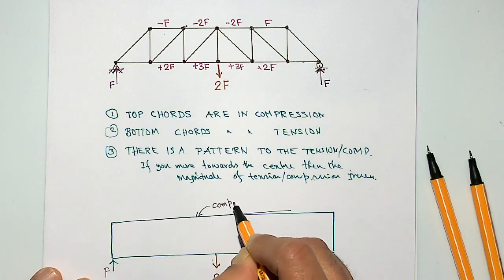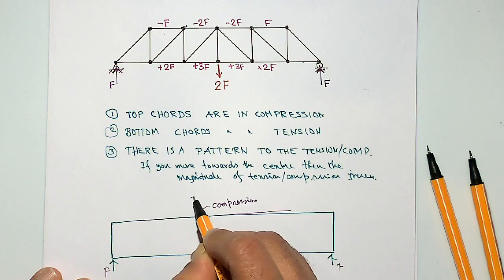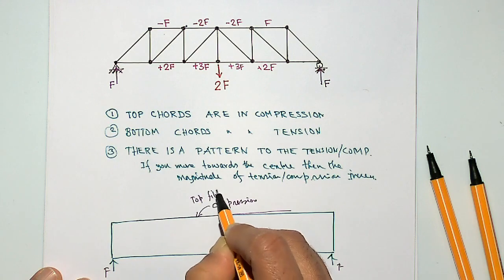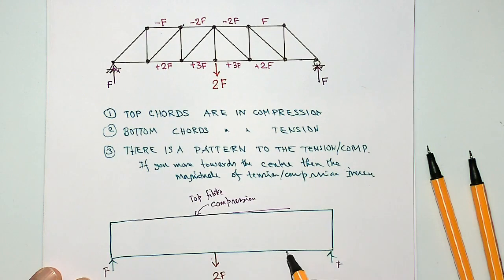So the top fiber is under compression, and the bottom fiber is under tension.